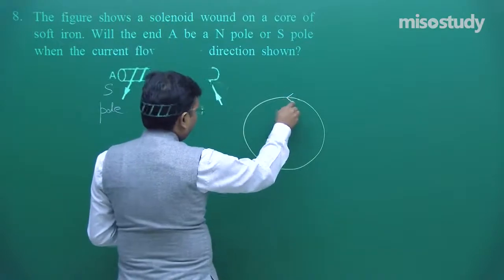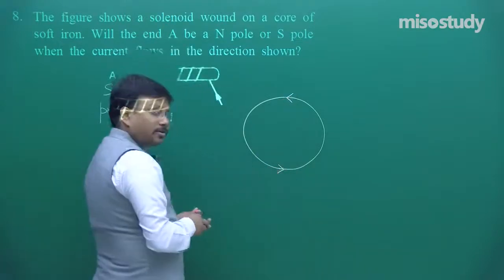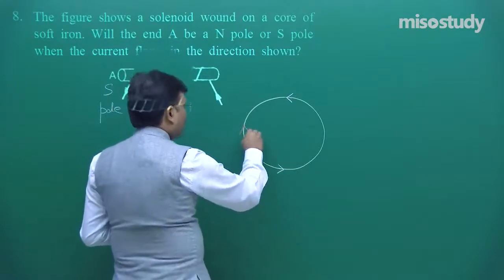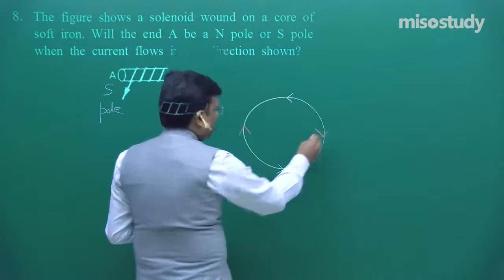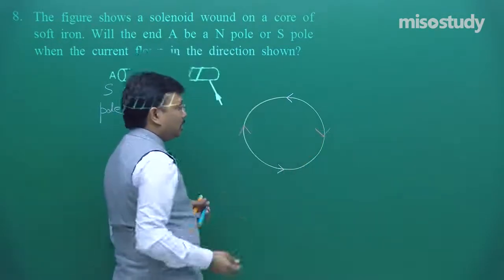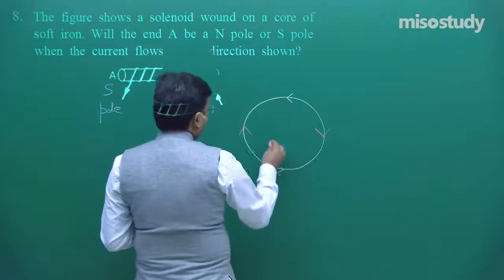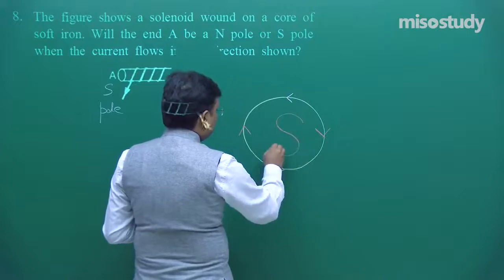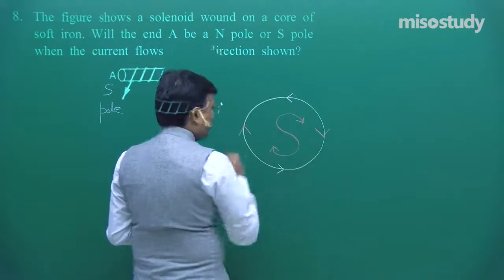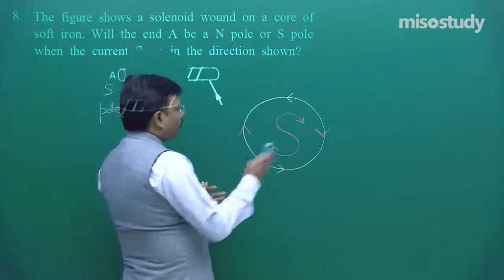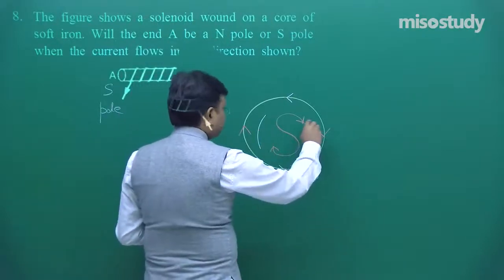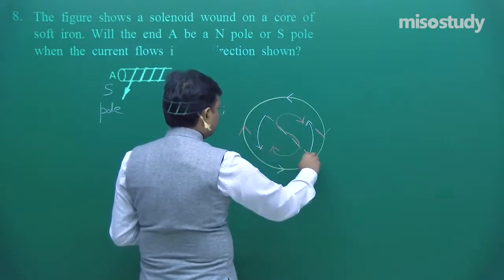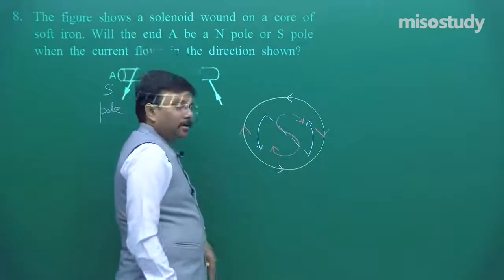Let us say current is flowing like this, and let us say another current in red color is flowing like this. I am drawing two diagrams in one diagram. So, now for red, how you can say? Clear? For white, what you will say?